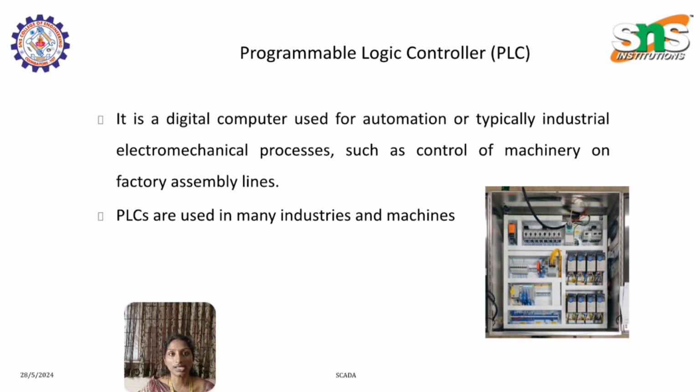It is a digital controller used for automation, typically of industrial electromechanical processes, such as control of machinery on factory assembly lines. So PLCs are used in many industries and machineries, as shown in the picture.